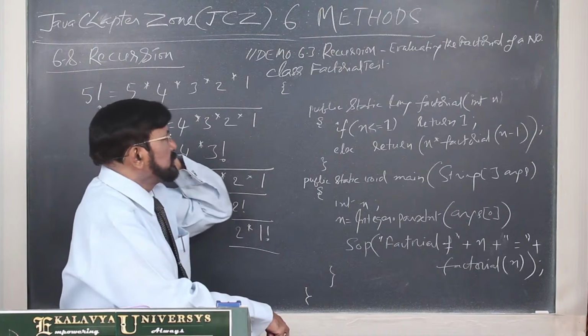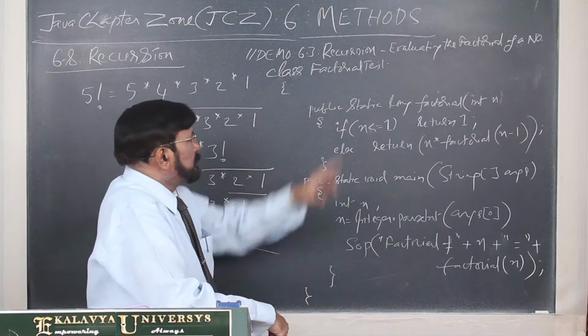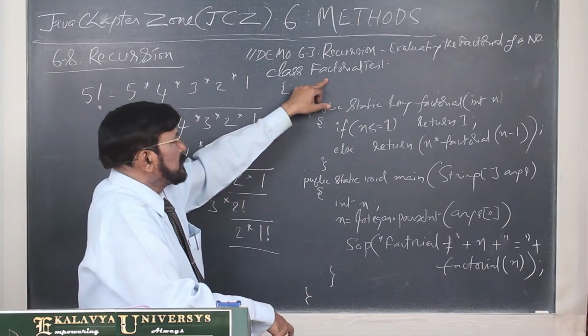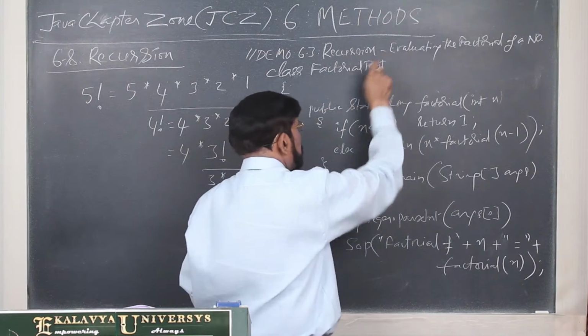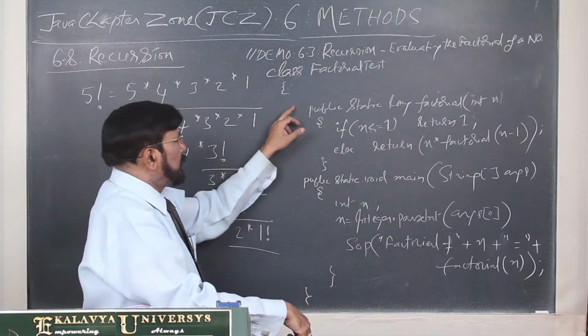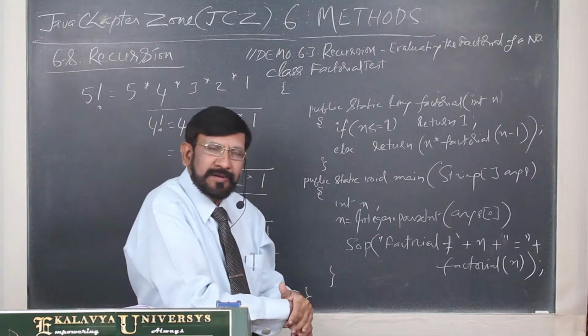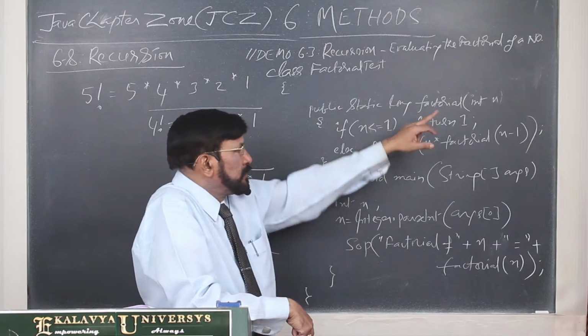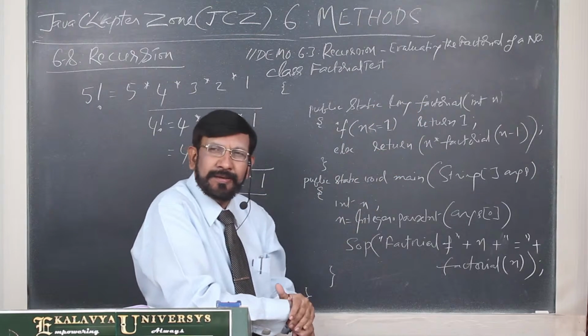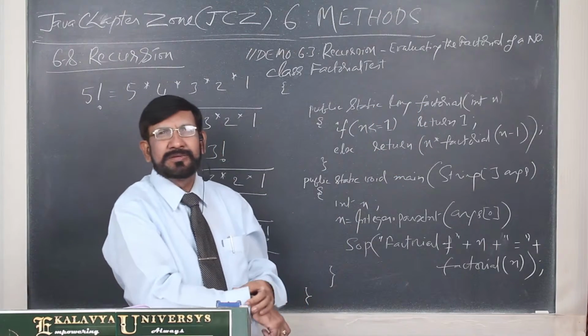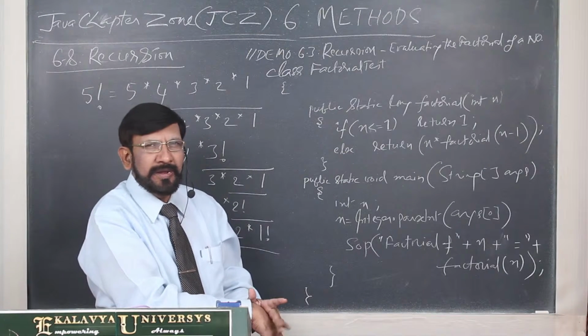Program demo. This is demo 6.3. Here we are calculating factorial. We name this factorial test or factorial calculation. And here you see one static method. We made factorial static. The basic reason is we are not going to create any objects.